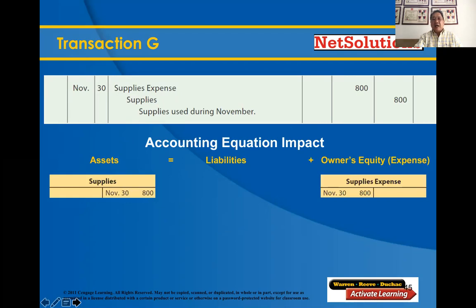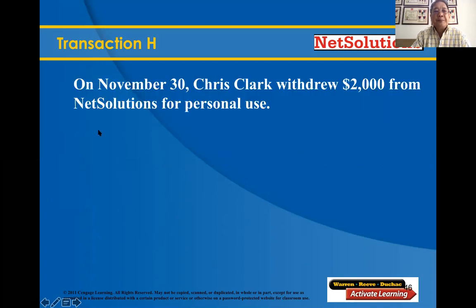Increase in expense, which is a decrease in capital. Ha? Kasi ang normal balance ng owner's equity or capital ay credit. Nabawasan because nag-increase ang expense and decrease in asset, which is supplies. We call this an adjusting journal entry. Kasi kailangan mo nang i-adjust yung supplies kasi hindi na 1,350 supplies mo. 550 na lang pala, I'm sorry.